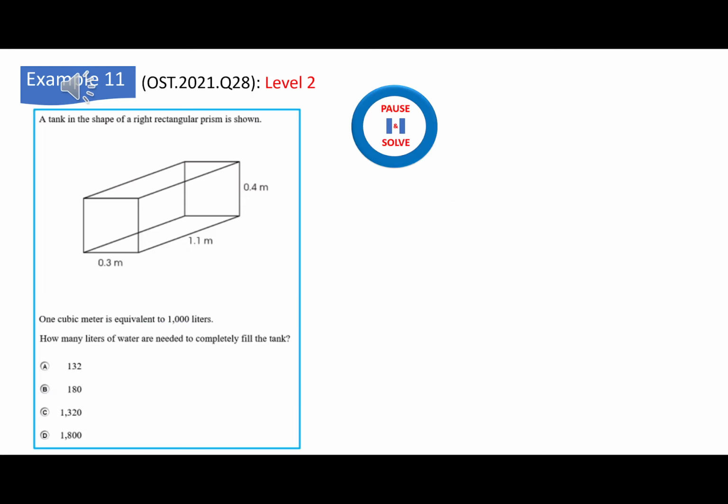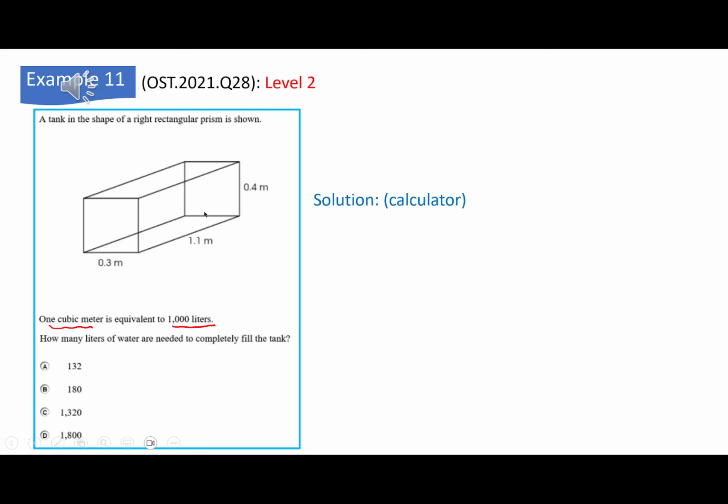Example 11. A tank in the shape of a right rectangular prism. When they give you something like that, this is normally an easy question, okay? 1 cubic meter is equal to 1,000 liters. That's very important information. First of all, what's the volume of this rectangular prism?